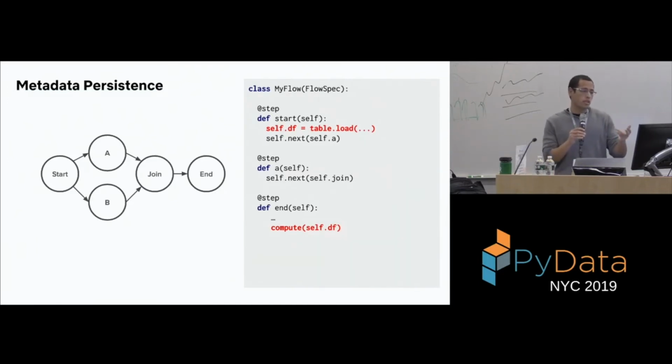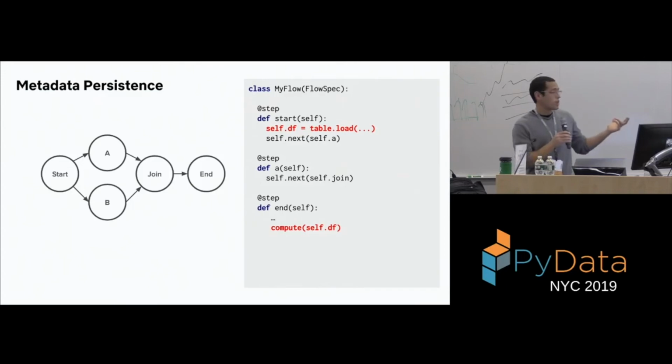That's defined in start, but we could still access it in end, even though it's a separate execution environment. So all of these are made accessible in subsequent steps. And these artifacts are also accessible from other flows and can be loaded using a client API. So you can even pull them down into a notebook if you want to do some analysis, share results, etc.